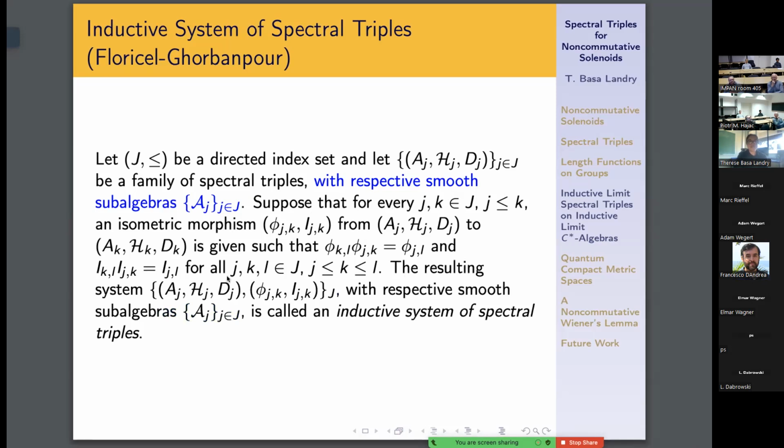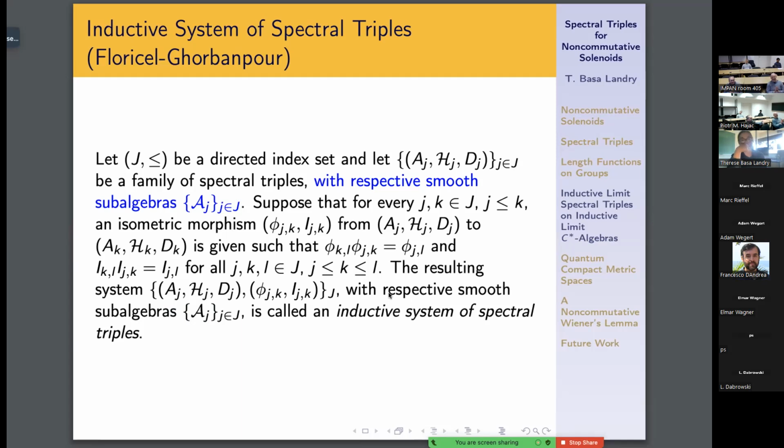And so then the inductive system of spectral triples is this family of spectral triples, together with each paired with the corresponding set of maps and respective smooth subalgebras. And that's a way in which one can define an inductive system of spectral triples in the sense of Latrémolière and Packer.